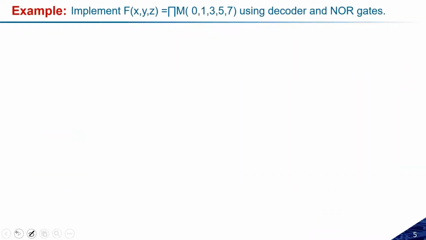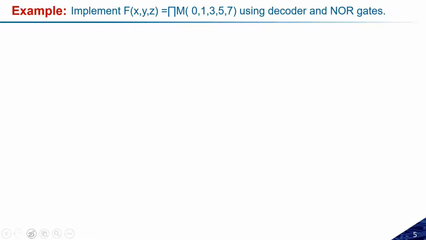Now let us consider one more example. Suppose I have a function given in x, y, z, and this is given in the POS form. So let us see how we can design this circuit with the help of a decoder and the NOR gate.